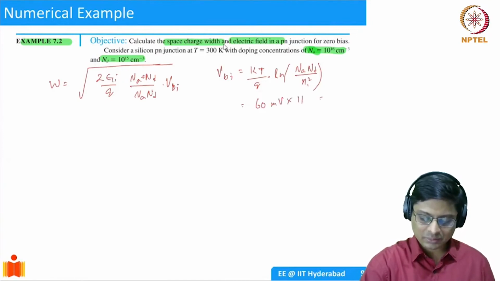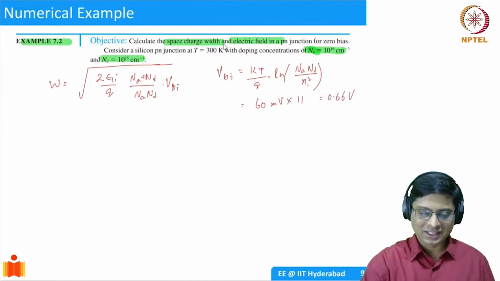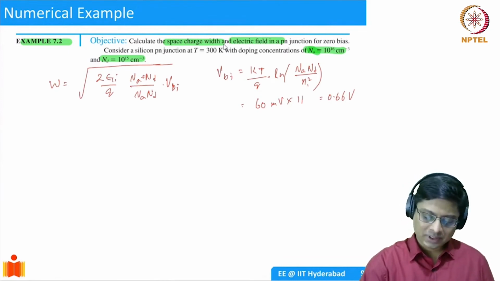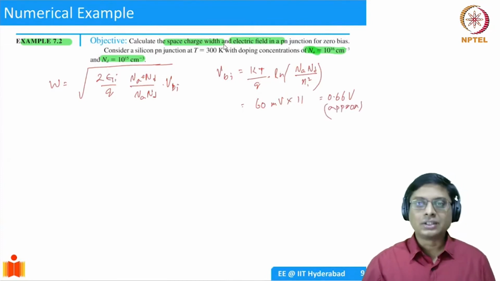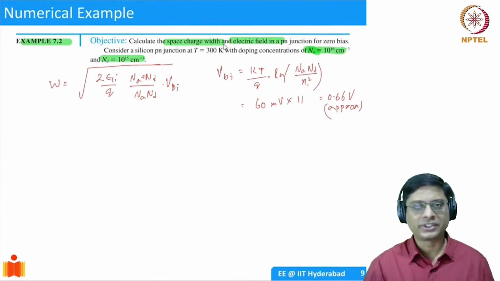So that was going to be 0.66 volts. Well, you can calculate the exact number, it will be some 63, 64 something. Approximately. In the lectures, I'll always just leave it as approximate numbers. Please make sure that you calculate the right numbers in the assignments and the test.